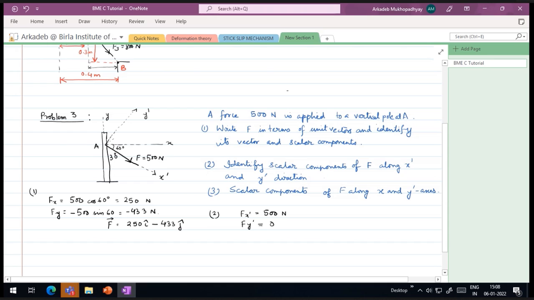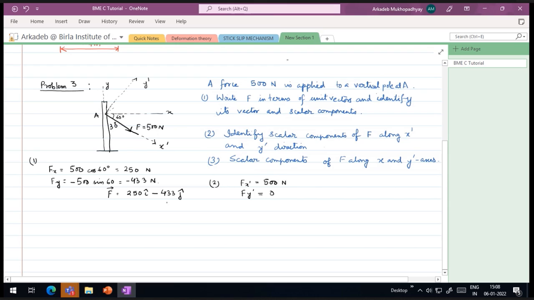The scalar component of f along x is 250 and y dash direction is 0. Are you sure? Let us come to this part. Here we have f is equal to 500 Newton.